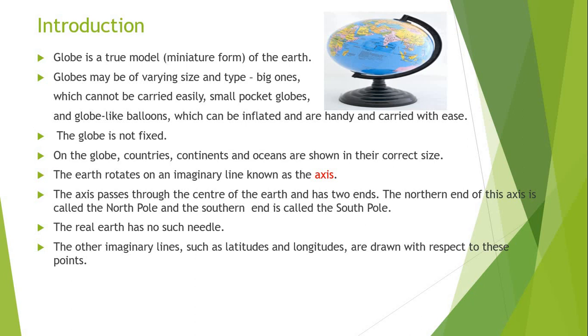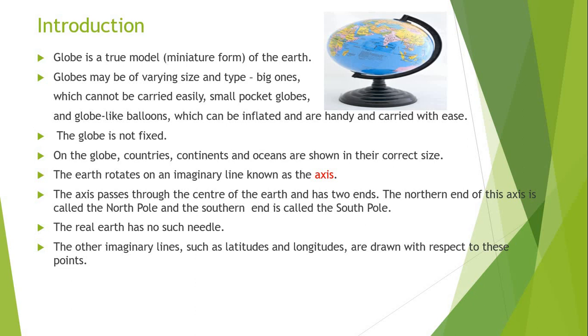Now, Earth rotates and revolves. The rotation of the Earth is on an imaginary line and we have termed it as axis. The axis joins the North Pole and the South Pole.